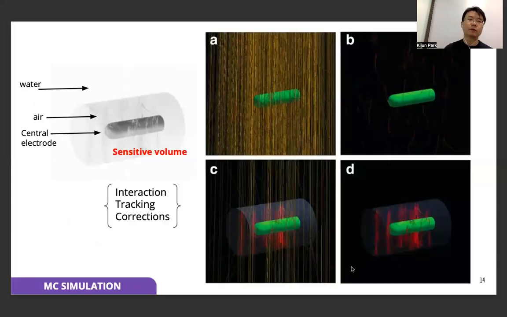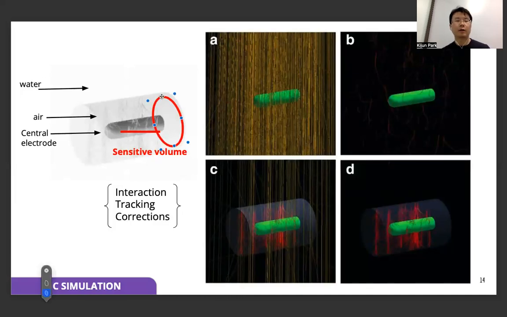This one is an example of a real Monte Carlo simulation, with the electrode in the center, encapsulated by air outside, and outside of the capsule there is a water medium, which is here.